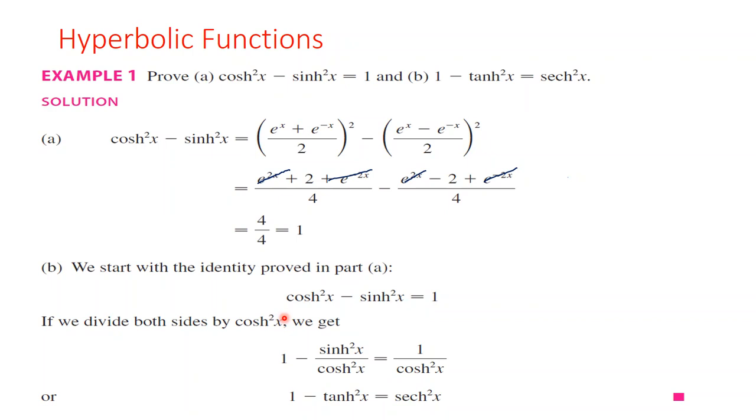It's just going to be 1 over cos. So we divided each and every term here by cosh squared. Then we get 1. Dividing this by cosh squared, you get sinh squared divided by cosh squared. Then here we have 1 over cosh squared. Okay, guys, my internet connection is very weak.